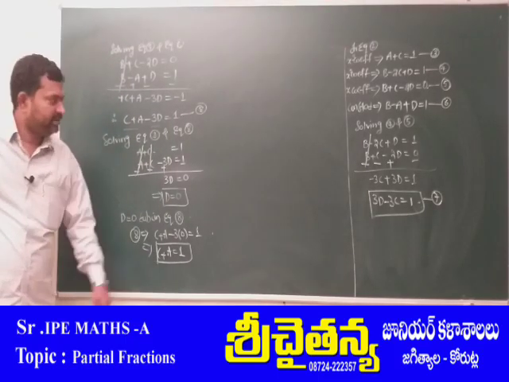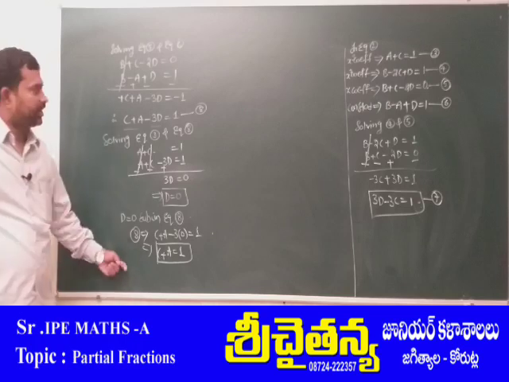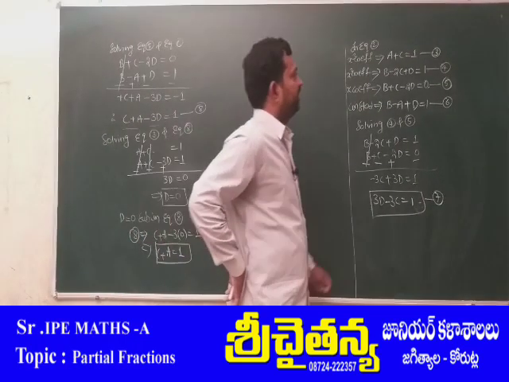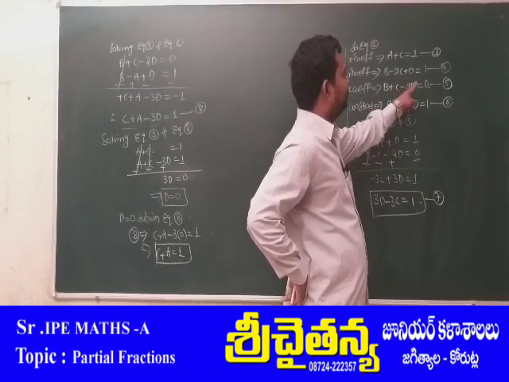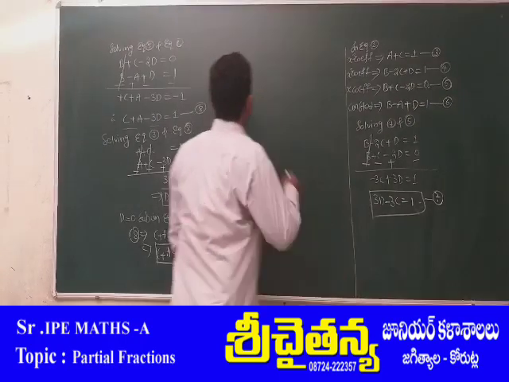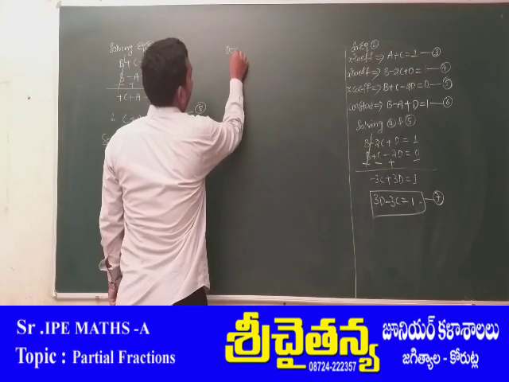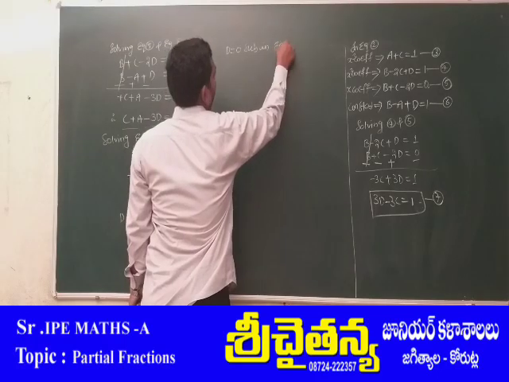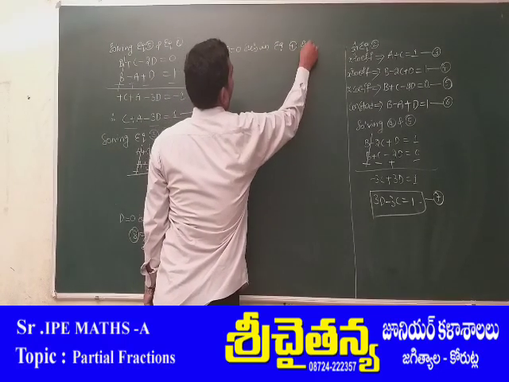So c plus a is equal to 1. Next, we substitute the d value in two equations, equation number 4 and 5. That is, d equals 0 substituted in equation number 4 and 5.